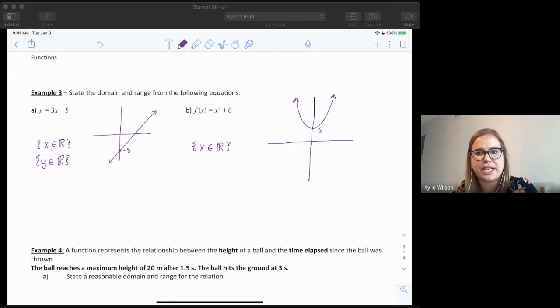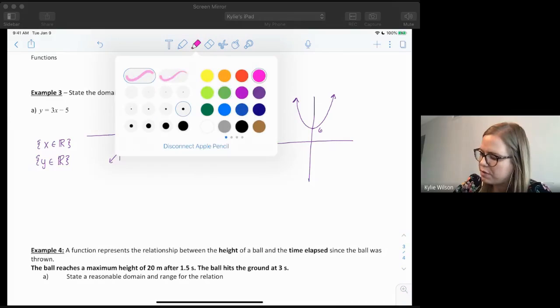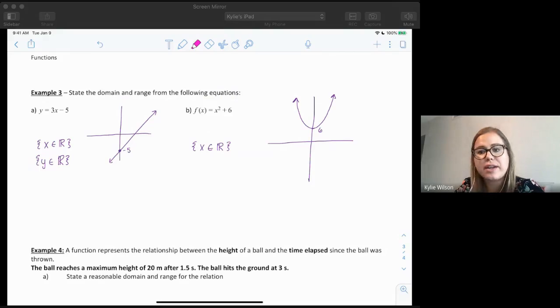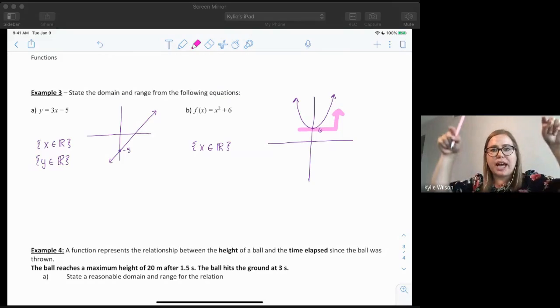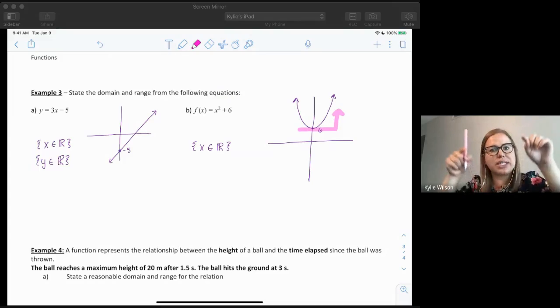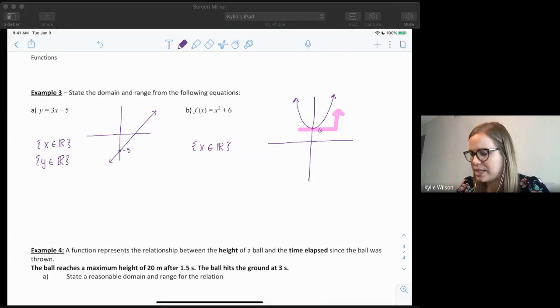There's nothing stopping it. Now for my y's, if I look, there's no y's at the bottom half of my graph. All of my y's are above 6. And the arrows are pointing up. So it's just going to keep increasing above 6. So how we write that is that y is an element of real numbers such that y is greater than or equal to 6.